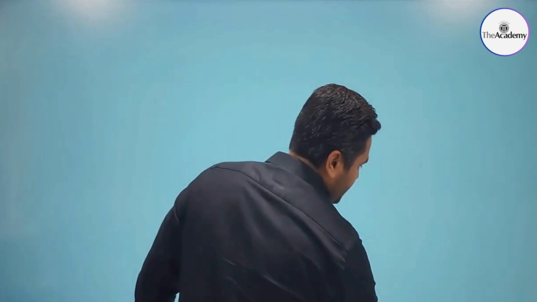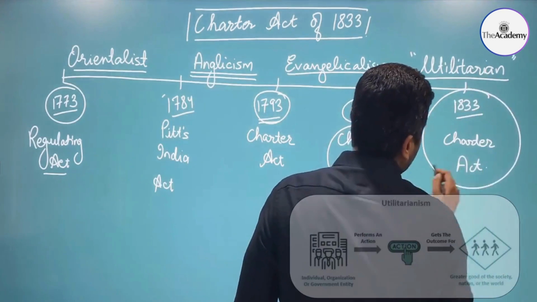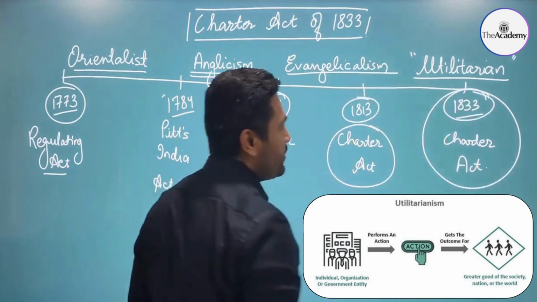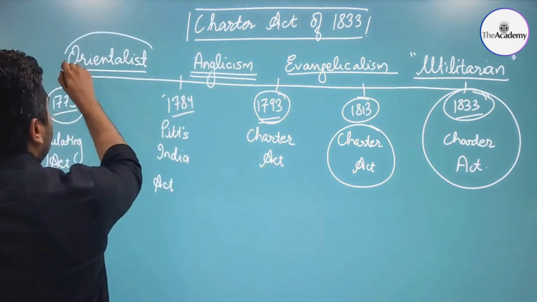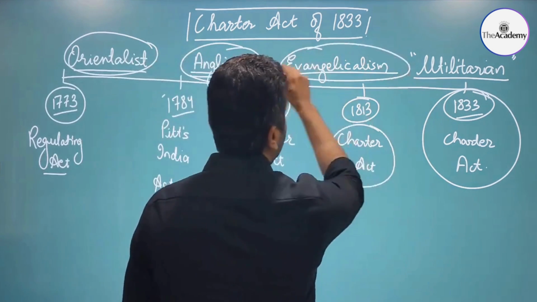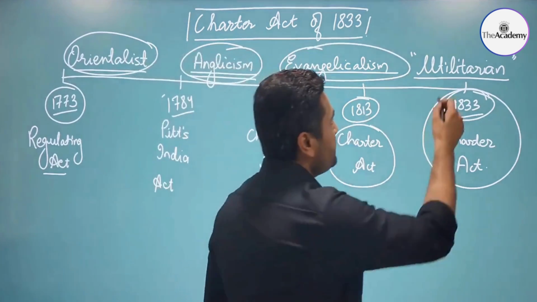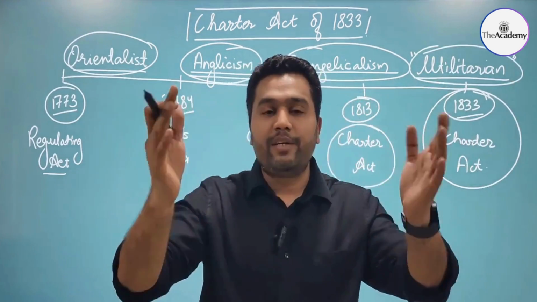So if I consider the spirit of utilitarianism, which was the hallmark of the Charter Act of 1833, we see that with time, it's not that all other thoughts were losing their effect altogether, but they were shaping the idea of British Raj.